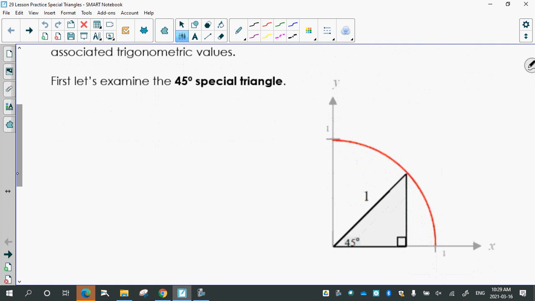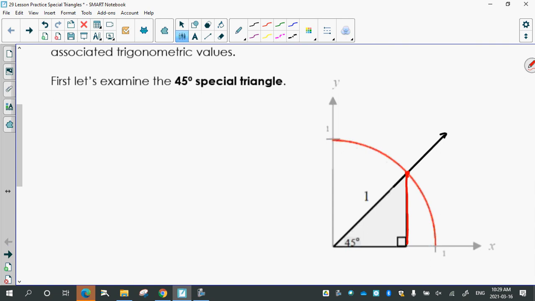So here's my 45-degree special triangle, and notice it's a right triangle where I drew the, so you could imagine that that's the origin, and this really extends out with an arrow on the end. And then this is where I decided to pick my point and then draw my vertical down. Does that make sense from what we've been doing so far this year?